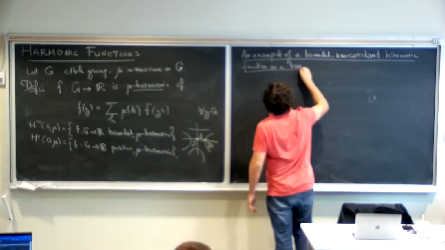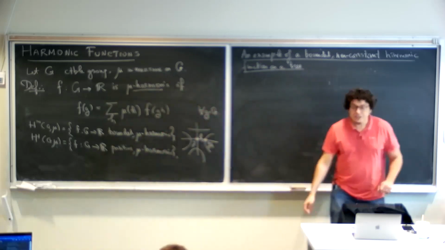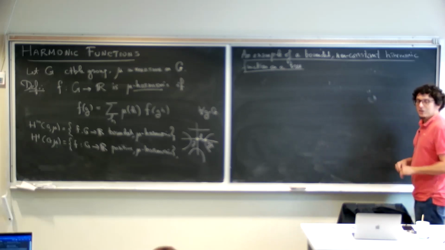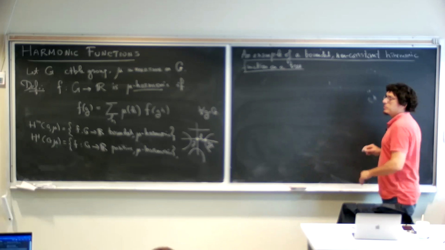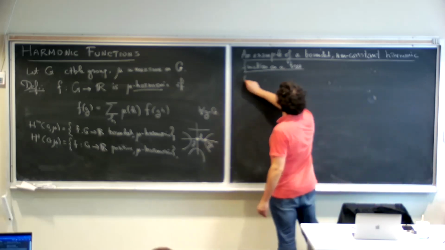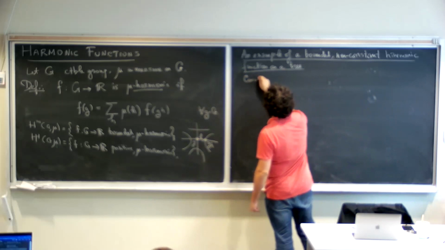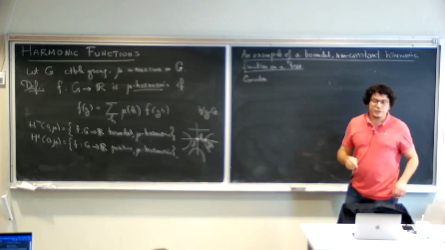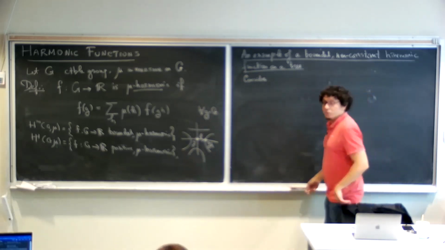And so we discussed it very briefly. I started setting it up, and as a sort of a question. So we discussed a little bit some things, but let's see. So consider, of course, a tree is a Cayley graph of a free group. So you can also think of it as constructing a harmonic function on a free group.